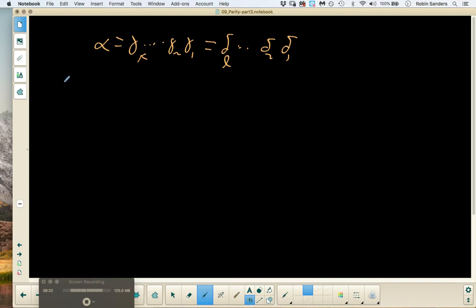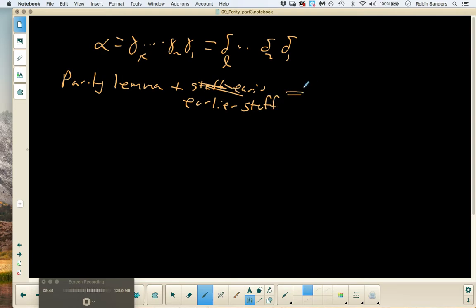Now, the parity lemma and the earlier stuff together imply that the inversion number of alpha has the same parity as k.